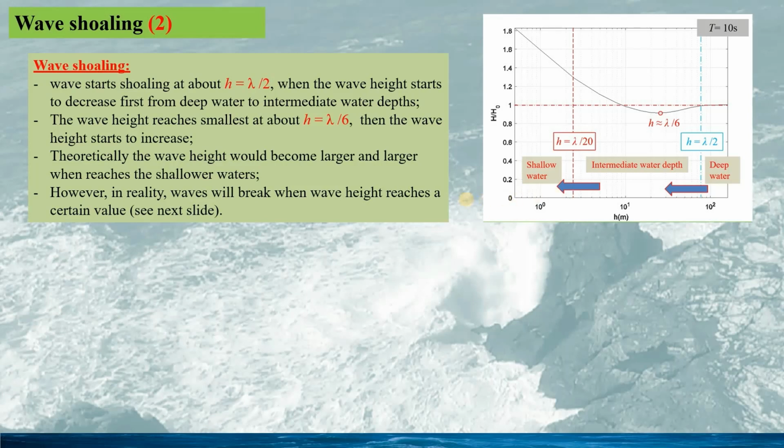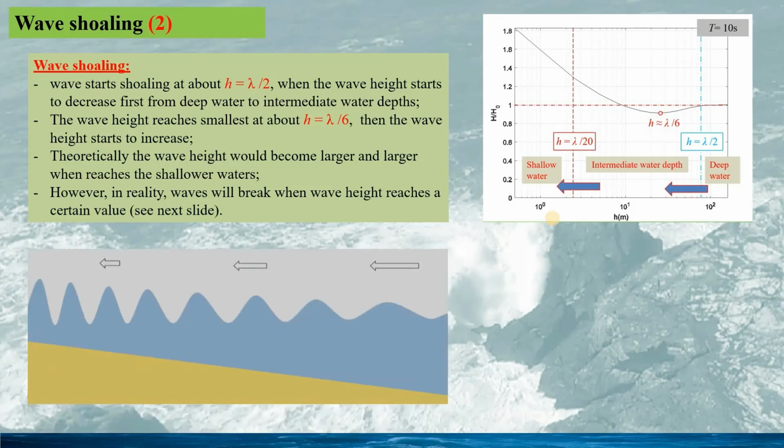However, in reality, a wave would break when its height reaches a certain criterion. See the next slide. This is the drawing of the wave propagation from deep water to shallow water. The wavelength becomes shorter and the wave height becomes larger.